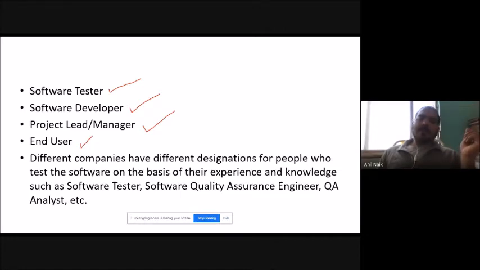Different companies have different designations for the people who test the software on the basis of their experience and knowledge, such as software tester, software quality assurance engineer, quality assurance analyst. These are different as per the company.